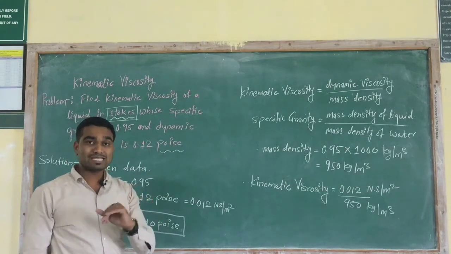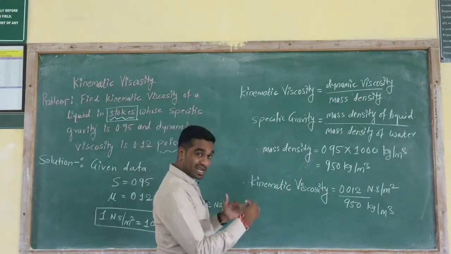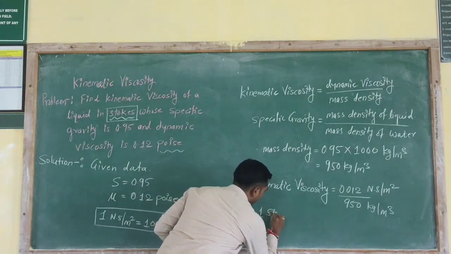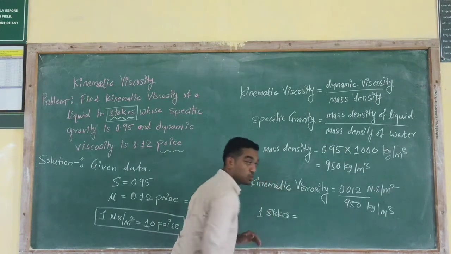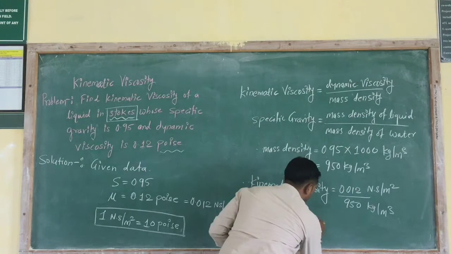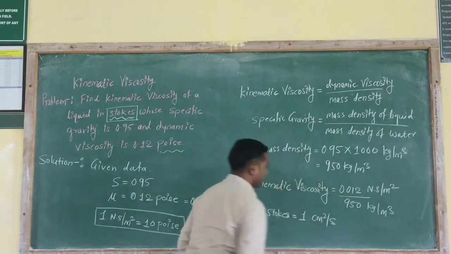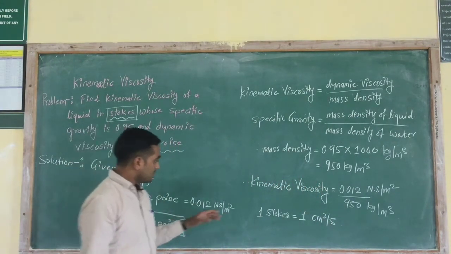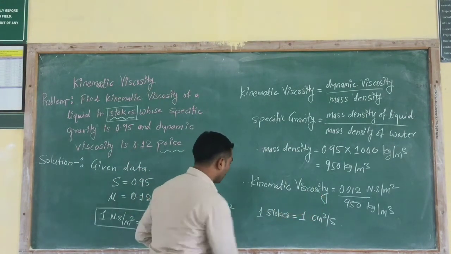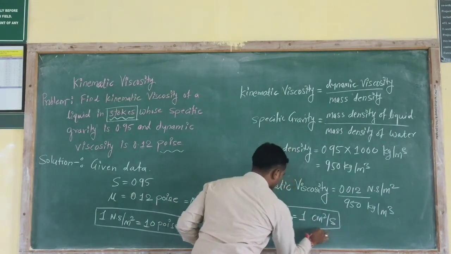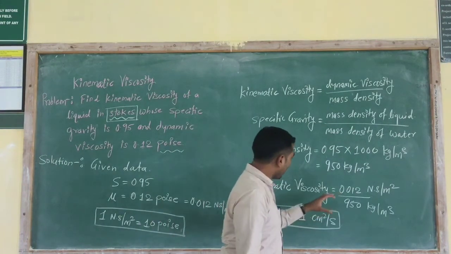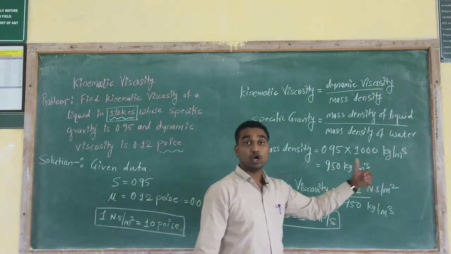Here you have to remember one equation: 1 Stokes is equal to 1 centimeter square per second. We have to use this equation to find the answer of kinematic viscosity in Stokes.